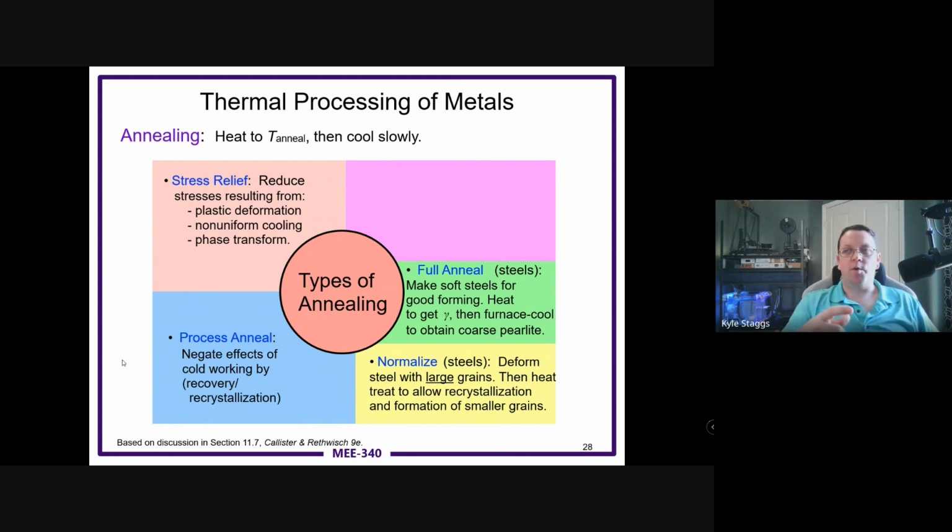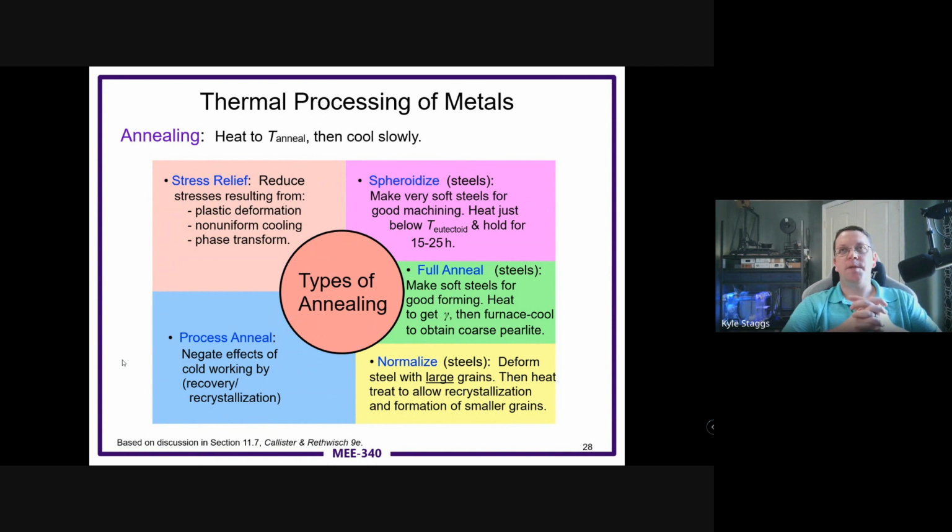You're not doing a rapid quench or something like that, but you're cooling it at a moderate rate through a furnace to obtain some coarse pearlite. So you're not trying to obtain fine pearlite and go for really hard material, but you're making a softer steel by having coarser grains in the material, and so that will help to make things a little bit better.